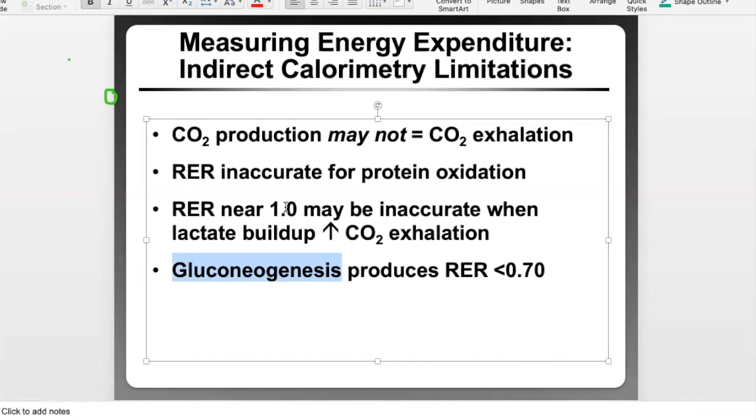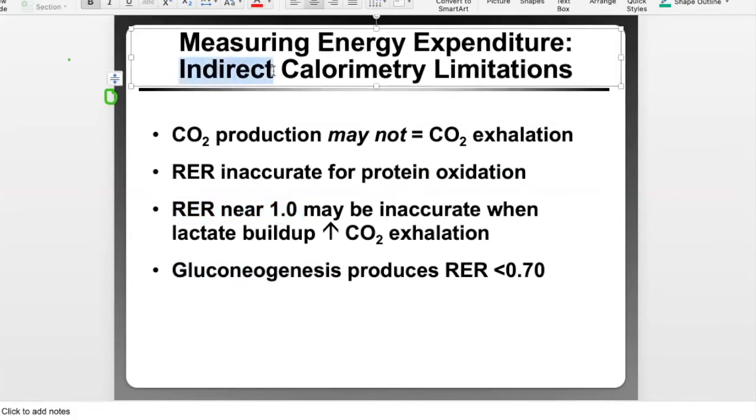So this isn't 100% accurate. And now the indirect measurement of energy expenditure has some type of error involved. Remember, this is just an estimate. We're only estimating. And every estimate, because of the nature of the word estimate, is not 100% accurate.